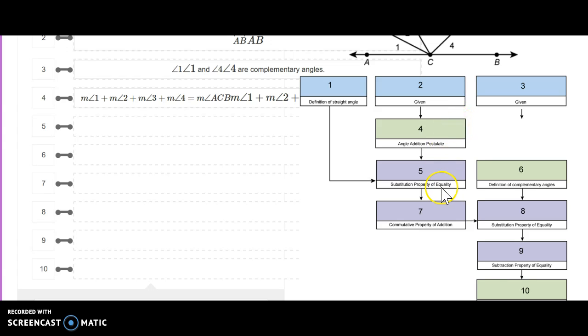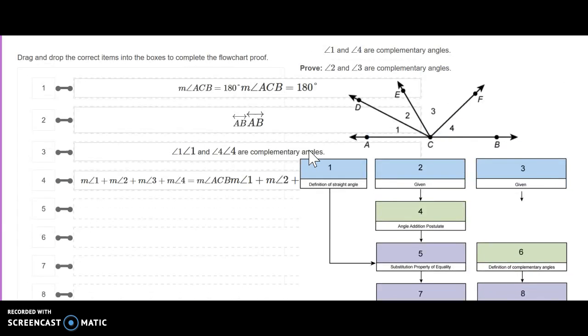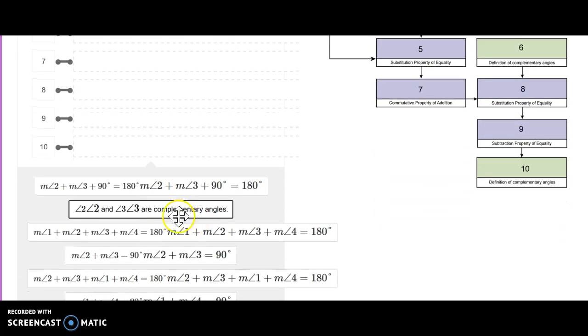And then 5 is the substitution property of equality. So we know that that equals 180 degrees. That's our first one. So that means we can substitute the measure of angle ACB with 180.